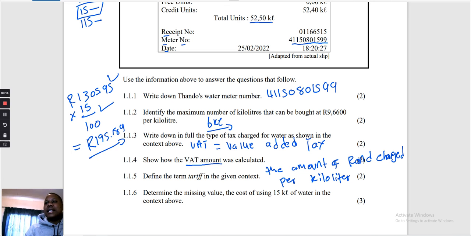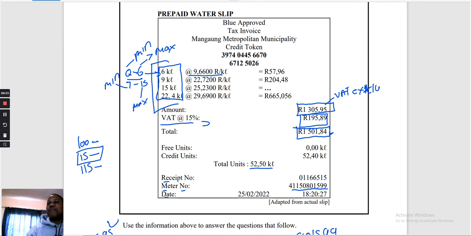Then they say determine the missing value, the cost of using 15 kiloliters of water in the context above. When you look at the 15 kiloliters, for these 15 kiloliters they are going to charge 25.2300 per kiloliter. So this is simple.